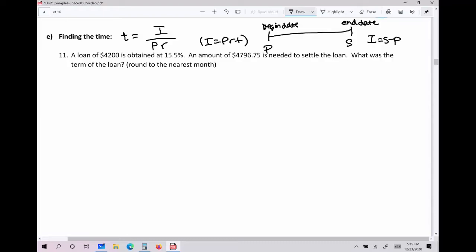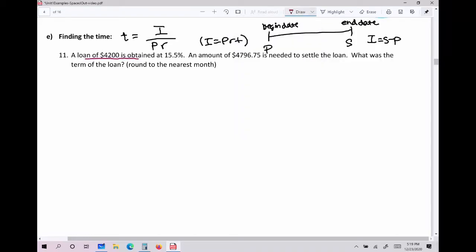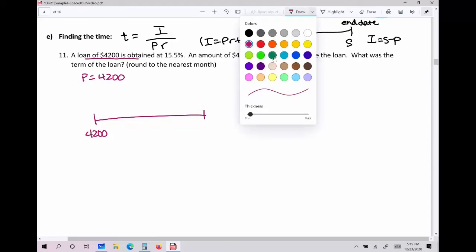So let's look at example 11. We have a loan obtained of $4,200. So that means our P is 4,200. Popping that on our timeline, it goes at the beginning because that's our present value, and that's at 15.5%.